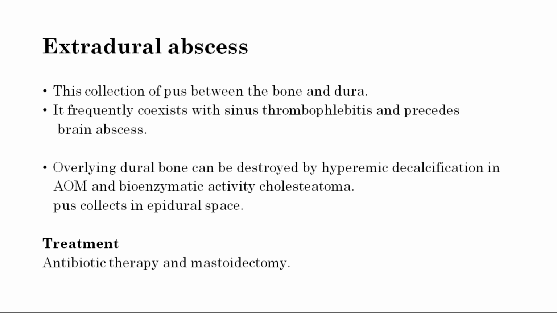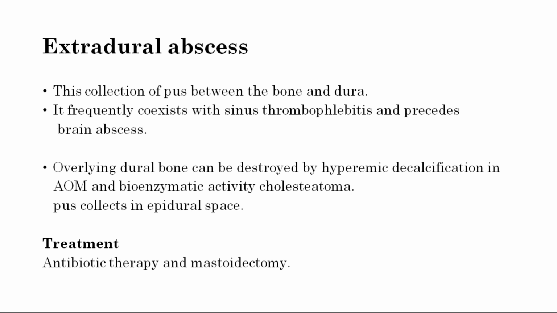Treatment is antibiotic therapy and a proper mastoidectomy. If it is secondary to AOM, do a good cortical mastoidectomy, and you just have to thin out the tegmen plate. Once the tegmen plate gets thinned out, automatically the pus will start to come out because it is under a little bit of pressure.